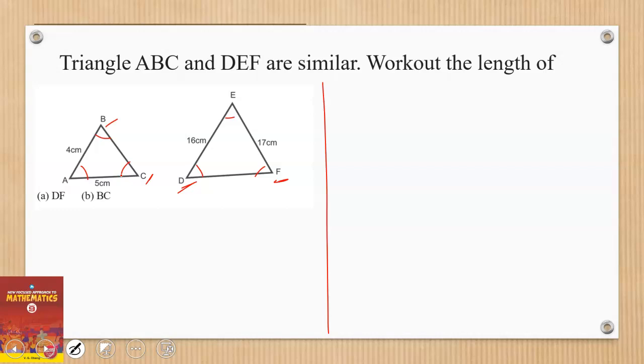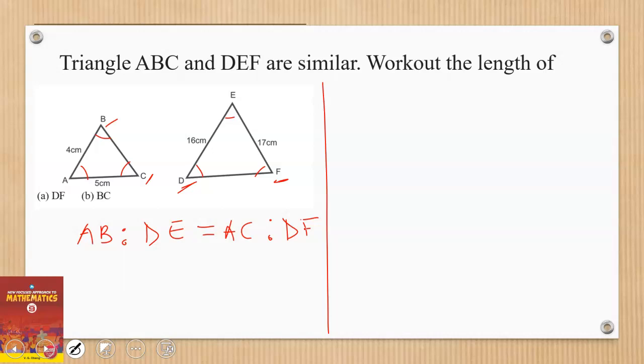That is the truth. Then again, the side AB should be in proportion with the side DE, and that should be equal to the side AC, also should be in proportion with DF.